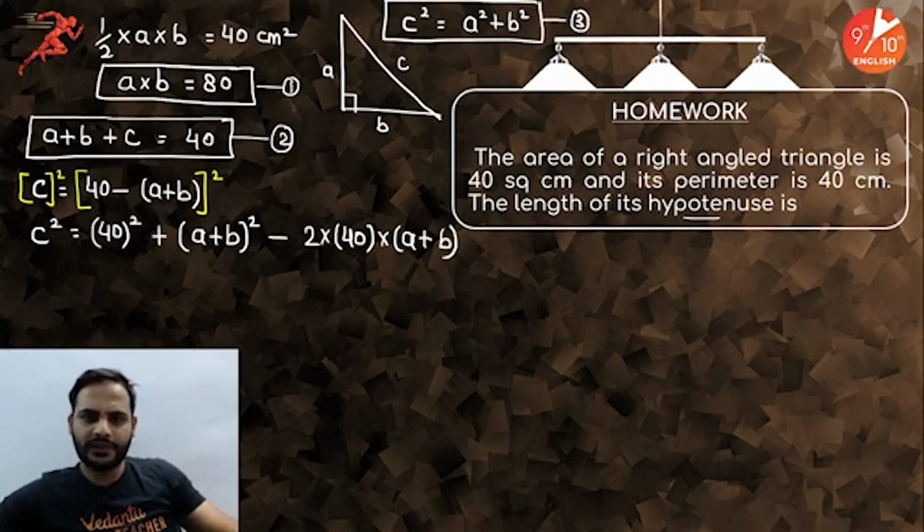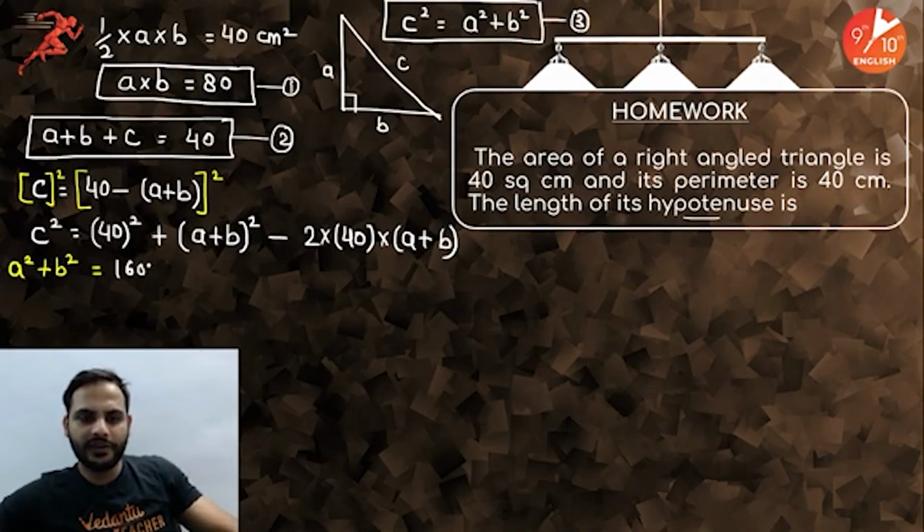Simple, clear logic. Now look, C square I can write as A square plus B square. C square is nothing but equal to A square plus B square. So I can say A square plus B square is equal to 40 square, which is 1600, plus A plus B whole square, which will be A square plus B square plus 2AB.